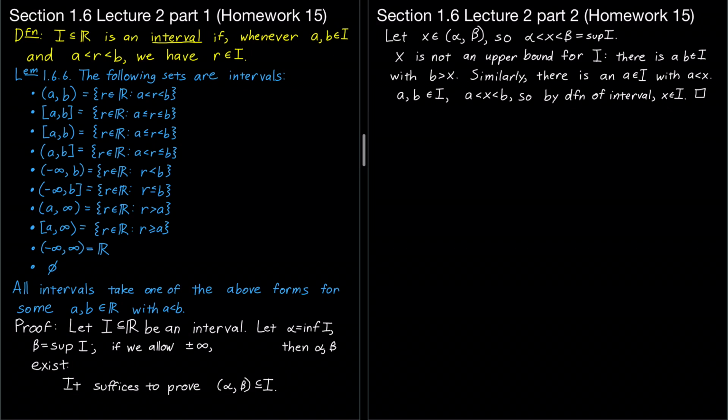And here is your homework 14. This is exercise 1.6.5 in your book. If I, J are two intervals, then either they are disjoint, that means there are no points between them, or their union is an interval.